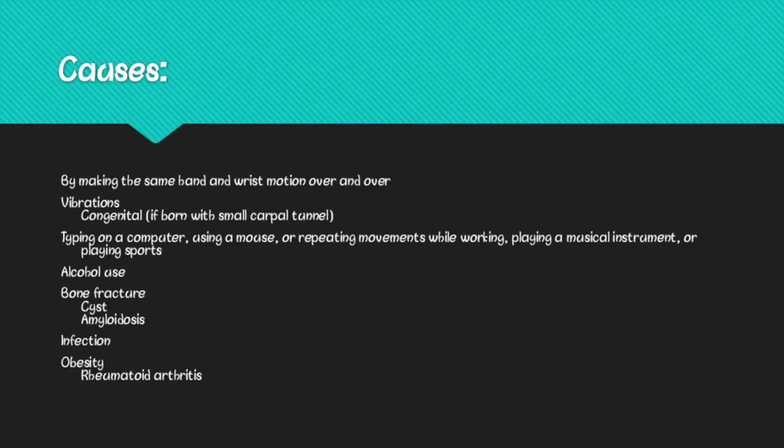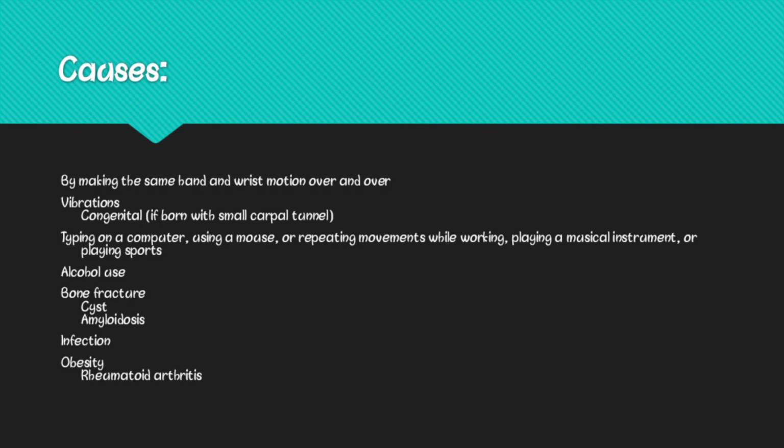Then, what are the causes of carpal tunnel syndrome? Number 1, it can be caused by making the same hand and wrist movement over and over. Then, it can be caused by vibrations. It can also be present congenitally if one is born with a small carpal tunnel.